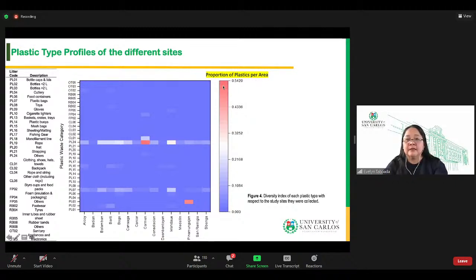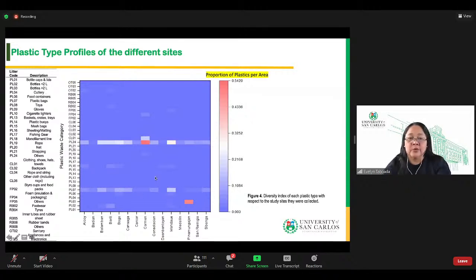The red colors would show very high plastic proportions, and the white ones would show around 0.20, 0.25 plastics per unit area. And then here we see the litter code and the type. This is based on the UN plastic litter code. So for example, PL01 would be bottle caps and lids, PL02 would be bottles less than 2 liters, and PL03 bottles greater than 2 liters.